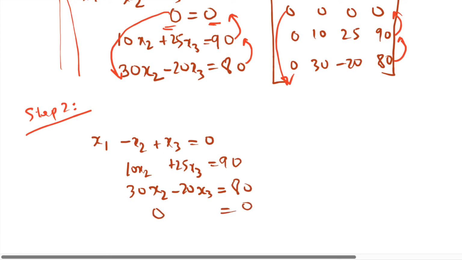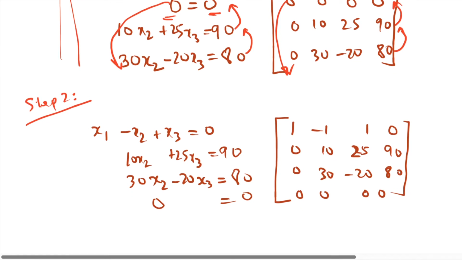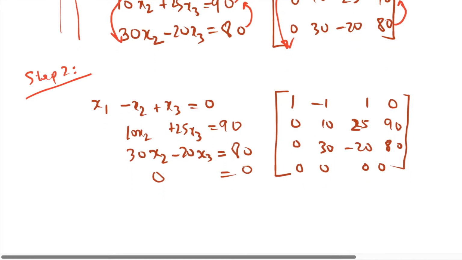All right, and let me write down the corresponding augmented matrix too. It will be 1, minus 1, 1, 0, and 0, 10, 25, 90, and 0, 30, minus 20, 80, and then all zeros. Okay, so till now with me, right?